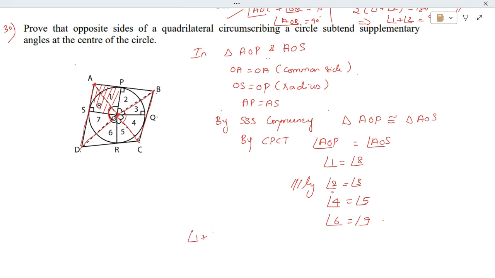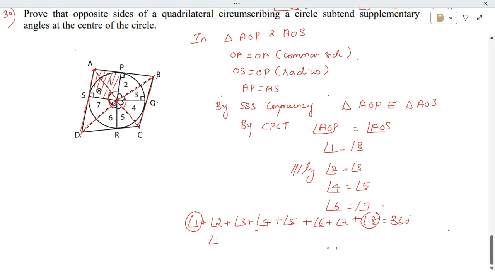So angle 1 plus angle 2 plus angle 3, and so on till angle 8, sum up to 360 degrees. Now, angle 1 and angle 8 are equal, so I'm rearranging: angle 1 plus angle 8, and angle 2 and angle 3 are equal, angle 4 and angle 5 are equal, and angle 6 and angle 7 are equal, isn't it?